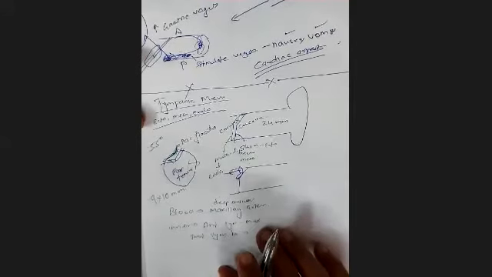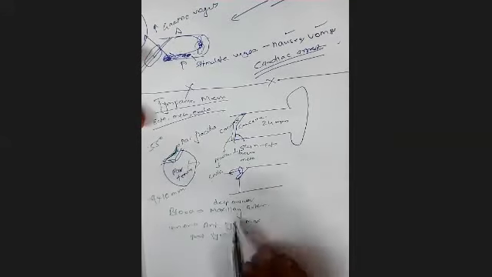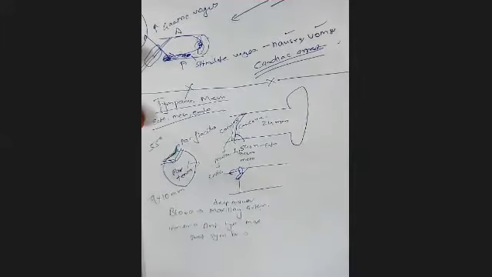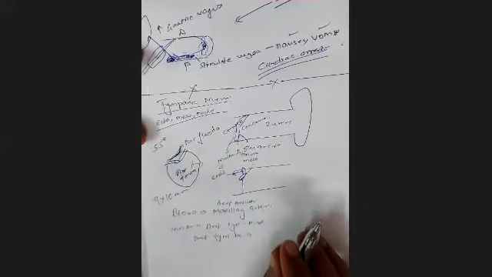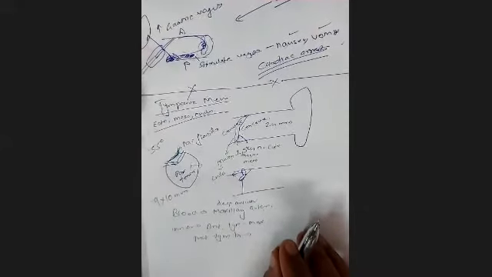Need not be tensed about it. Deep auricular and anterior tympanic: the outer side is by the deep auricular branch of the maxillary artery, and on the inner side it is the anterior tympanic branch by maxillary and posterior tympanic branch by stylomastoid branch.